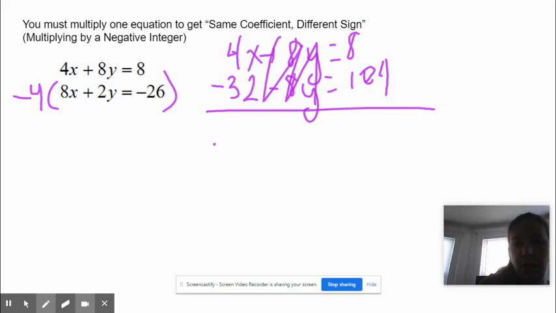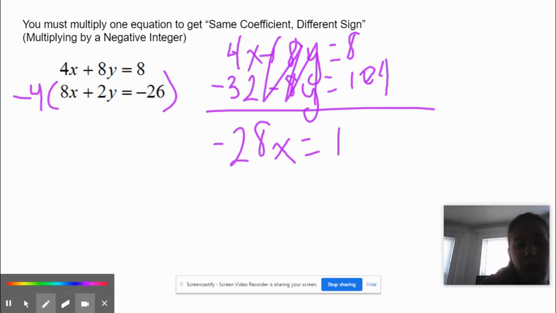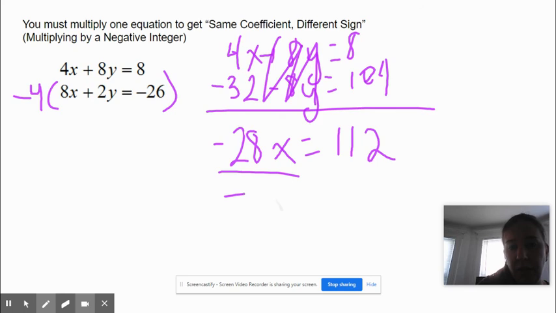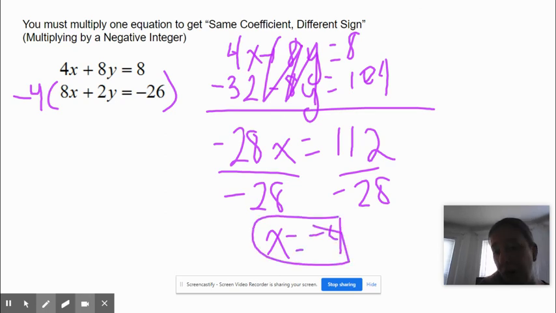And then you got -28x equals, so -28x equals 112. Divide both sides by -28. And x equals -4. So this time I eliminated the y's and solved for x.